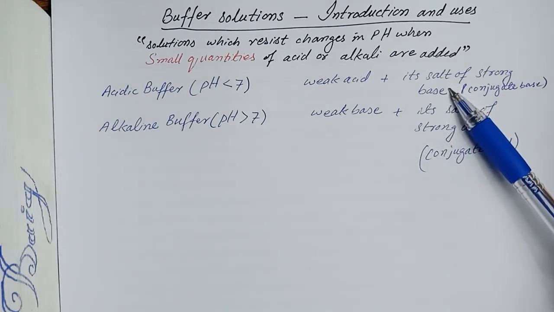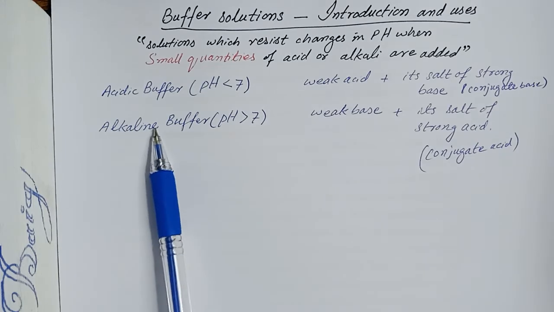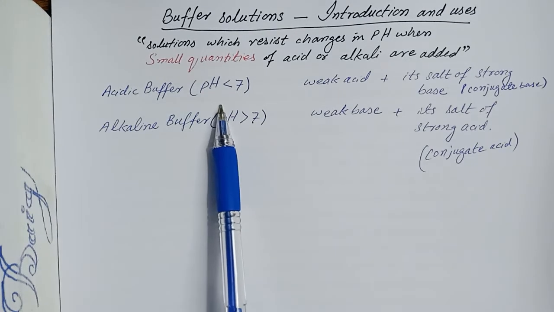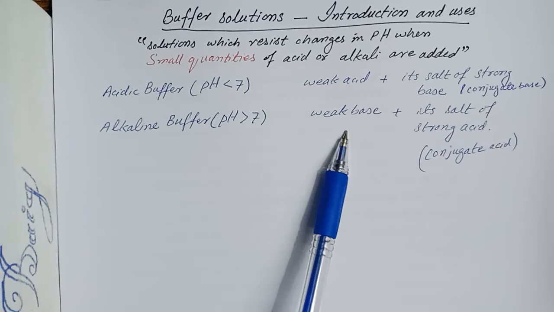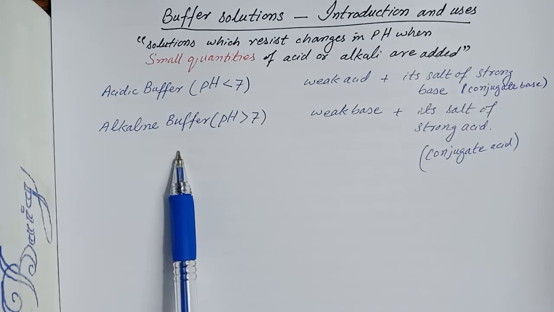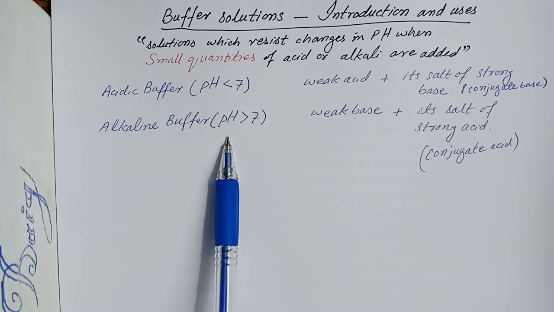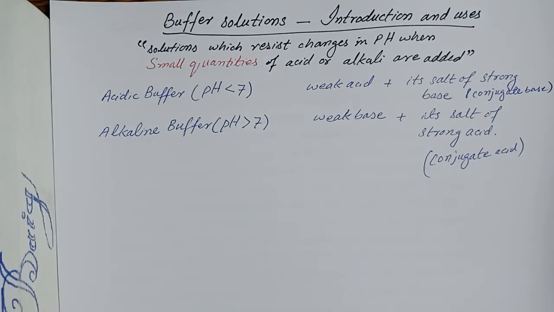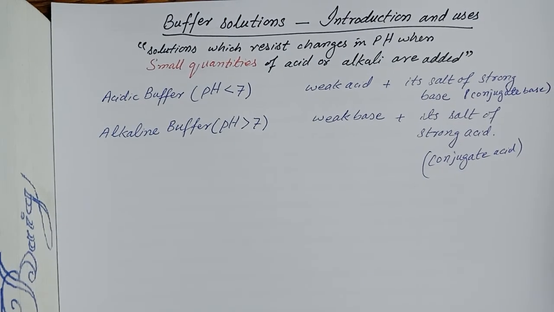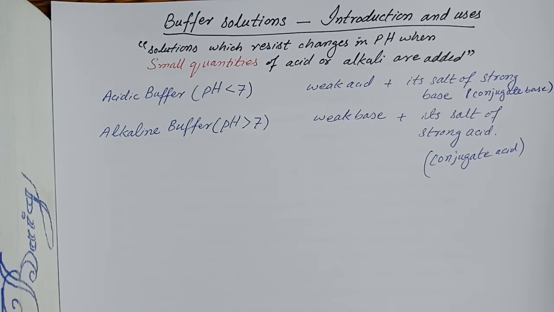So the first combination is suitable for the acidic buffer solution that maintains the pH less than 7, whereas the second combination is usually known as alkaline buffer, which manages the pH higher than 7. The pH of the buffer changes very little when a small amount of strong acid or base is added to it.